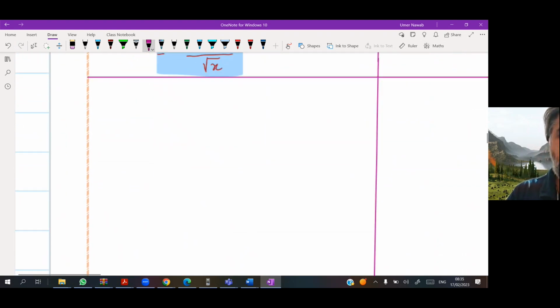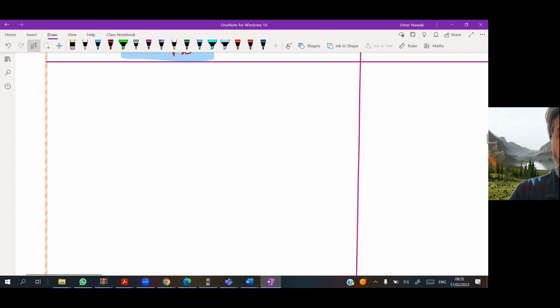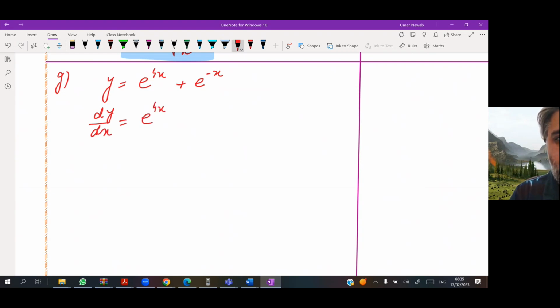Now we are doing the G part. The G part he gave to us: y is equal to e^4x minus x. dy by dx, same answer, further derivative of 4x is 4.